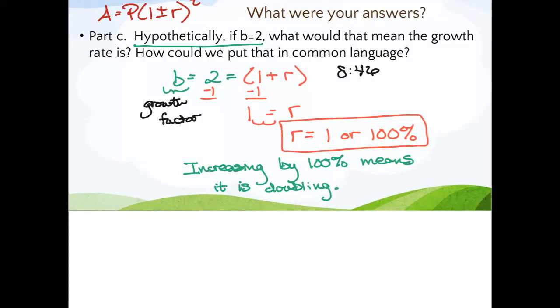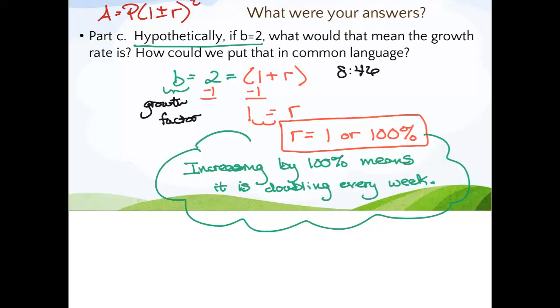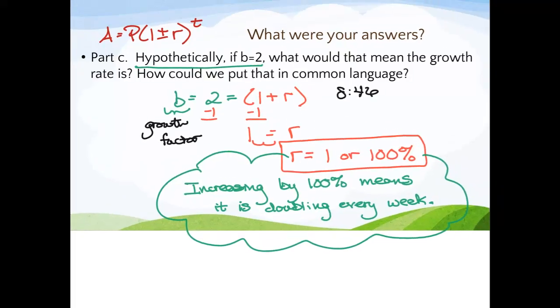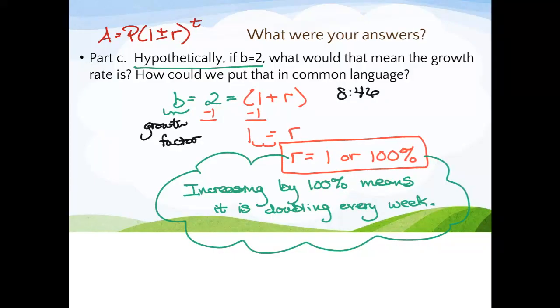What is the weekly percent growth rate? So it is doubling every week, if you want to be precise. Okay? Increasing by 100% means it's doubling every week. All right. Any question about that problem? That's a good problem. It's not overly difficult. It does have you trying to work out some problems and things, but very doable.